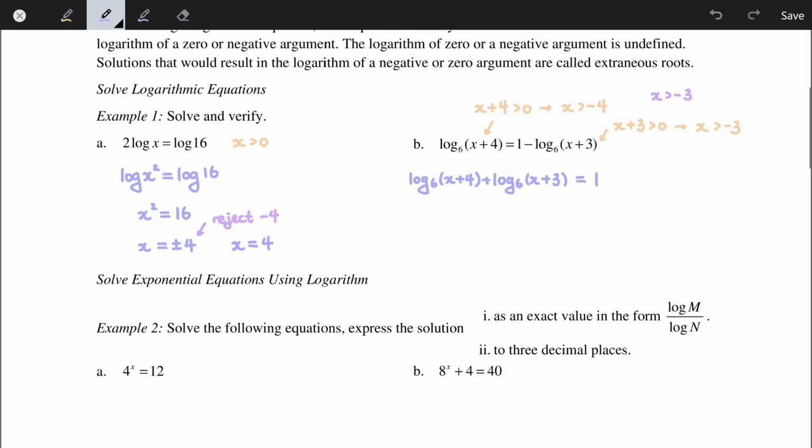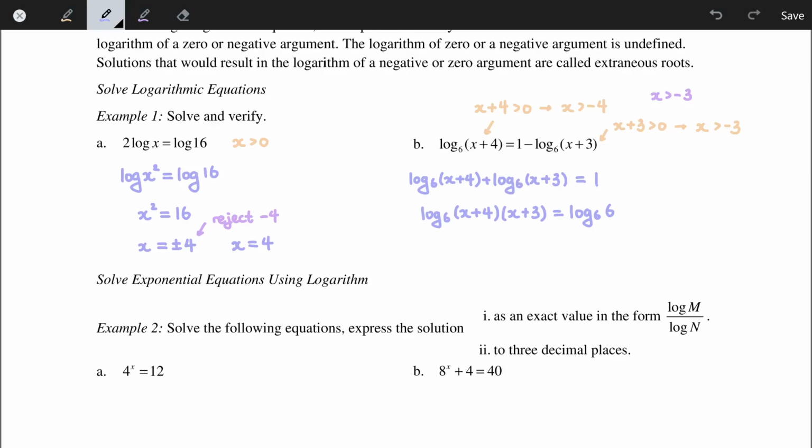Okay, so here we have the sum of 2 logarithms, which means we can multiply together the arguments. So we have log base 6 of x plus 4 times x plus 3. Now, the right-hand side we can also write as a logarithm with base 6. So this is log base 6 of 6.